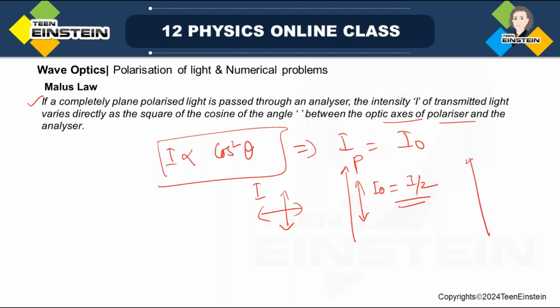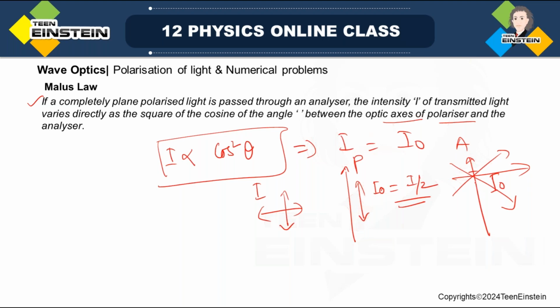Now if you have an analyzer which has its path axis along this direction itself, then your light will have the same intensity I0. But if you rotate the optic axis, then intensity varies significantly. That is what we have seen.